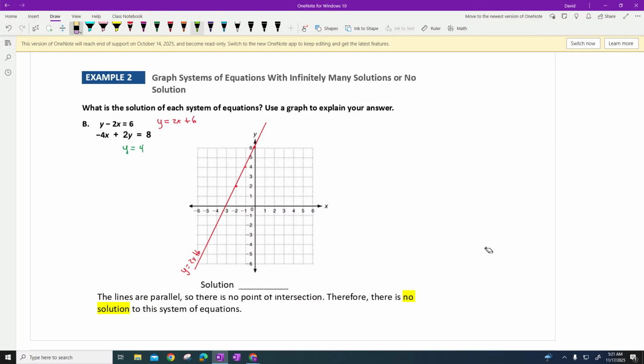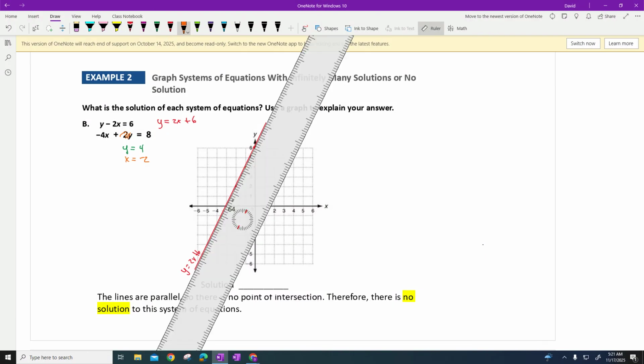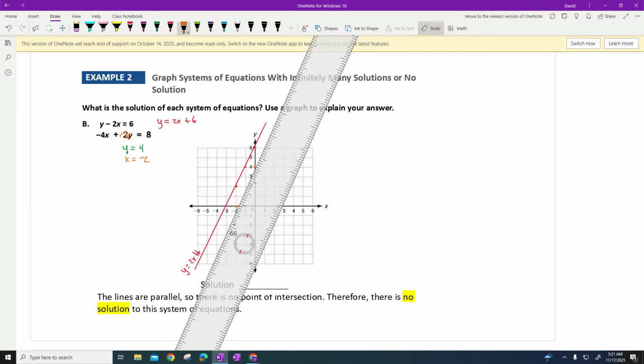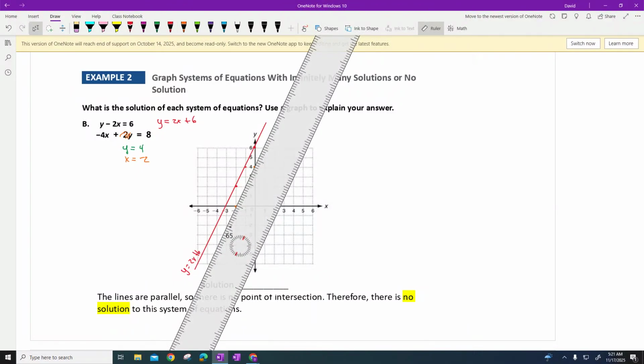And then if I put a 0 in for the y, I can find the x-intercept by dividing both sides by -4, which would be a -2. So I'm going to graph this guy using standard form. And it's looking like those guys might be parallel to each other.